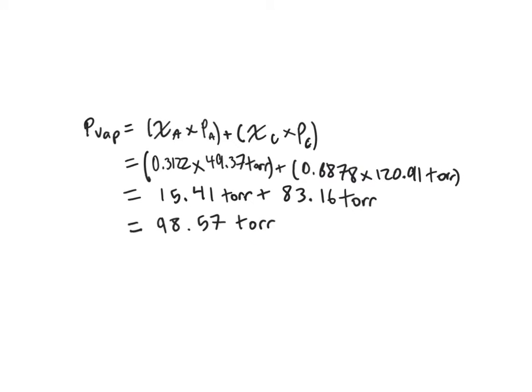Then we'll find the vapor pressure so that we can compare it to the observed vapor pressure to see if it's a negative or positive deviation or if it behaves ideally.